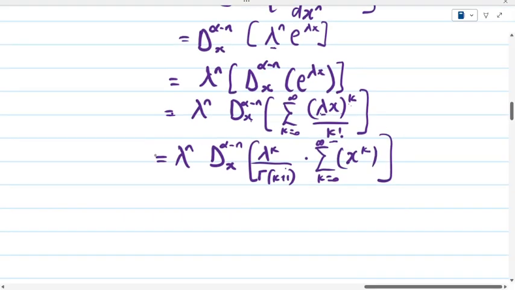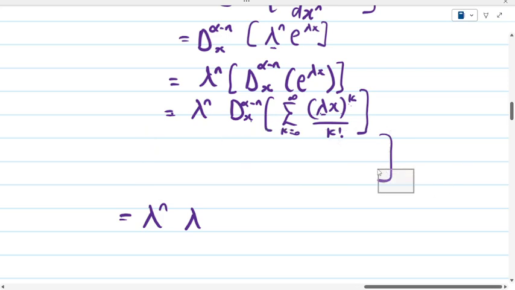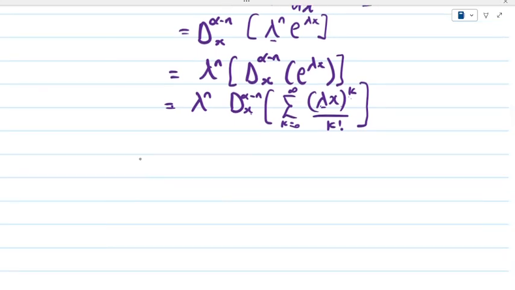Now we can take in this derivative, since we are differentiating with respect to x. Sorry, a little mistake here. Alright, so here we have lambda n taken from here.